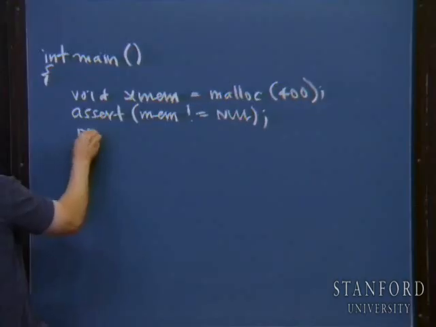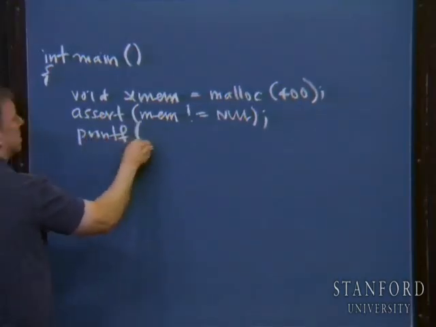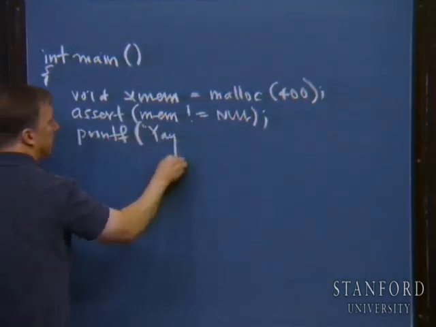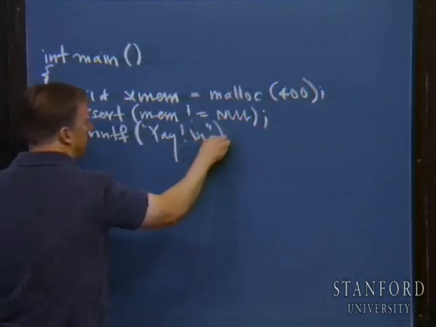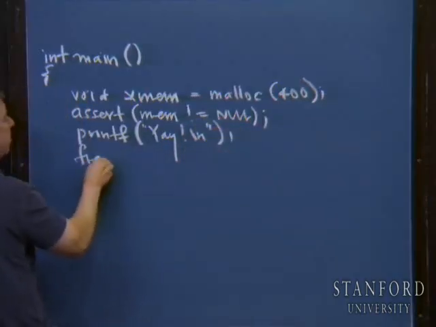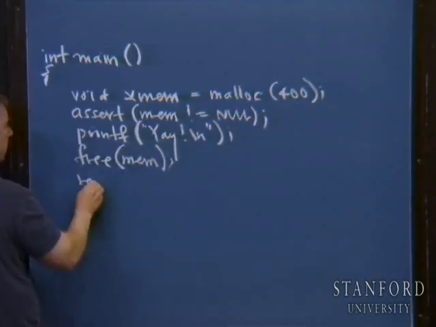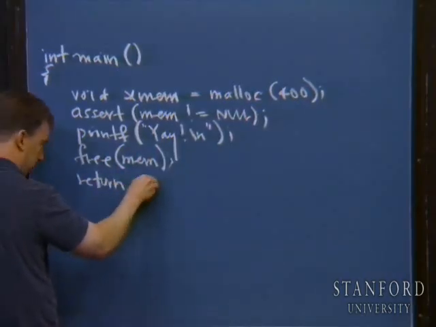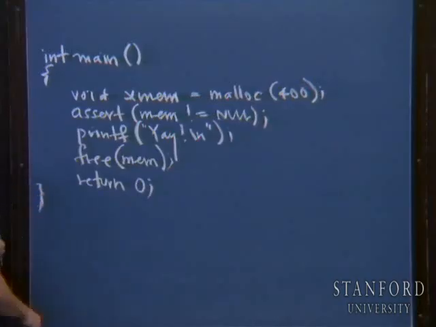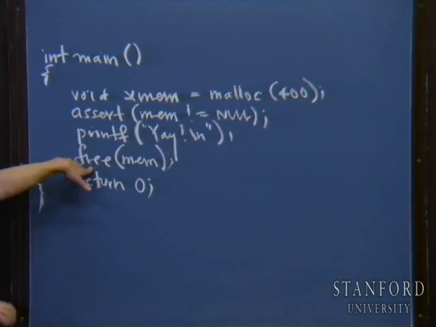I want to print yay \n. I want to dispose of the memory, and I want to return 0. I'm only allowed to call malloc and free without running into any issues.